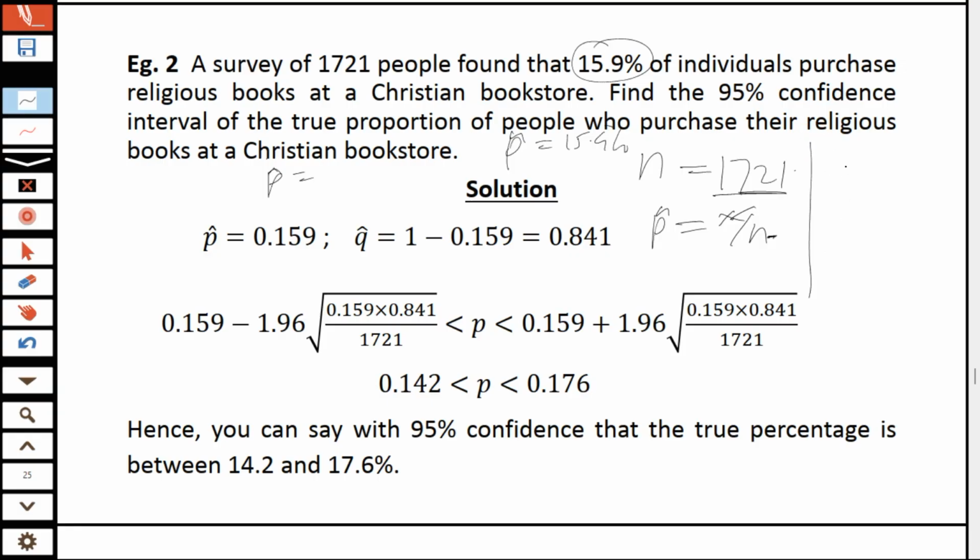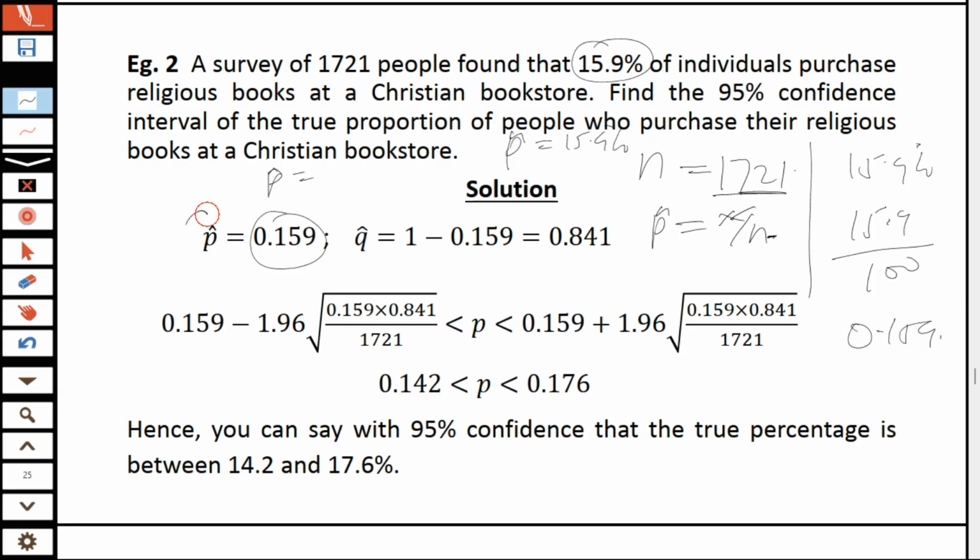And we know that 15.9% can be written as 15.9 divided by 100. Once you divide this by 100, we get 0.159. So here our p hat will be 0.159, and our q hat, you subtract 0.159 from 1, you get 0.841.